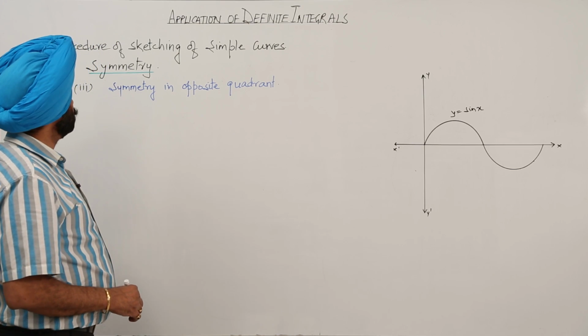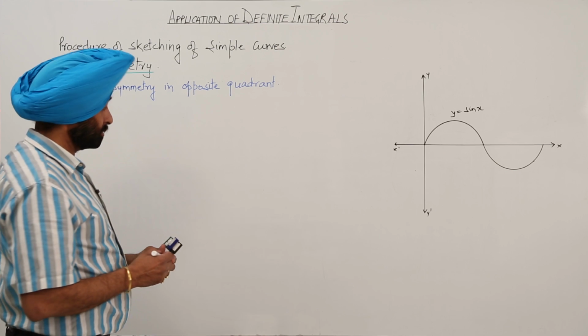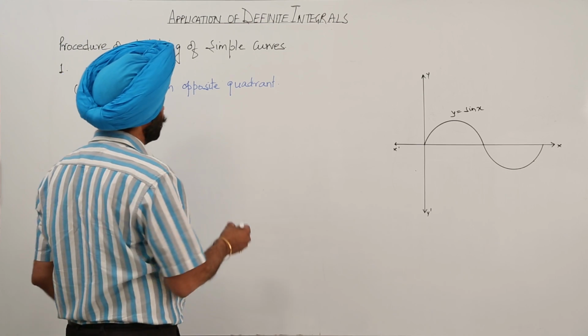Third point for the symmetry is symmetry in the opposite quadrant. Now, how will it be defined?